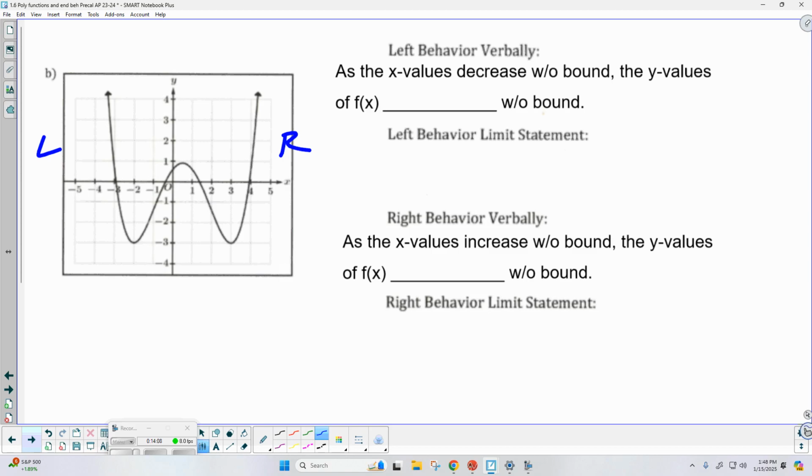Bailing, based on what you see here, are you going to say they increase or decrease without bound? I'm sorry? Decrease? Is that what you said? I'm sorry, I'm old. You're close. Increase. There we go. Because on the left side, is it curving up or is it curving down? It's curving up, so that's going to increase.